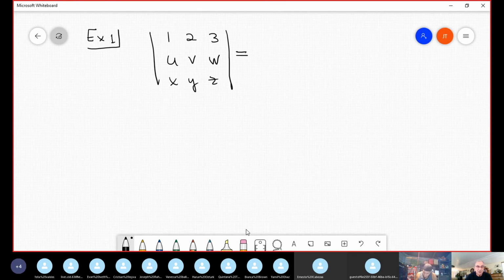For example, somebody computes this determinant and the answer is -4.